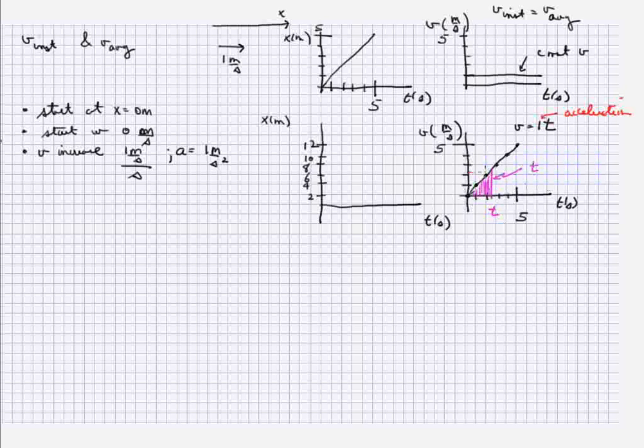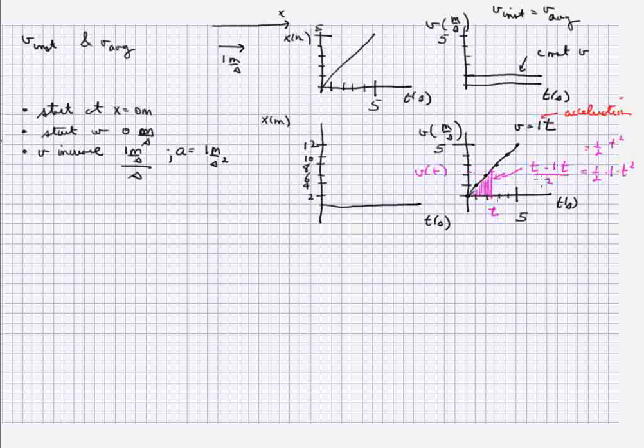So if I draw a little dotted line over here, this is going to be v at time t, which is just going to be 1t, times 1t divided by 2. So in other words, the area under is going to be equal to, for this example, 1/2 times 1 times t squared, or just to keep things simple, 1/2 times t squared. And that gives me my position, which will give me my displacement.